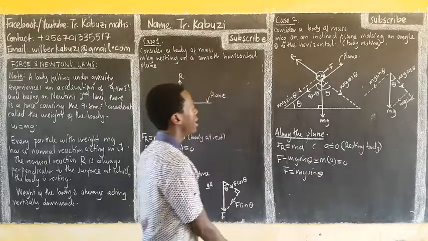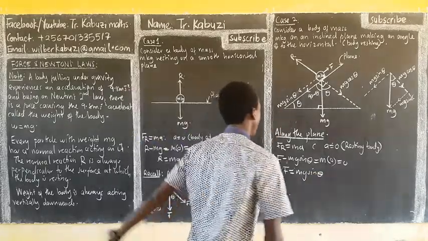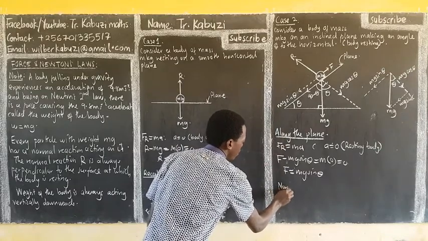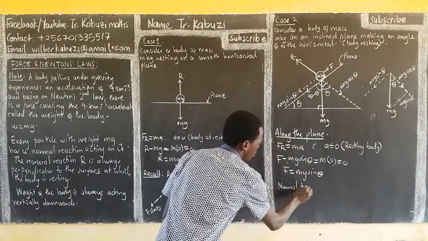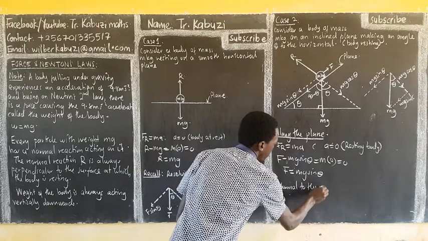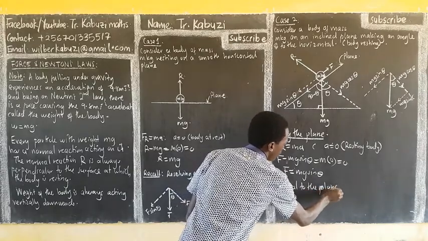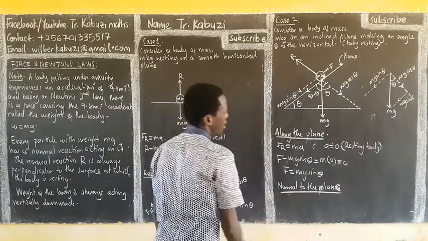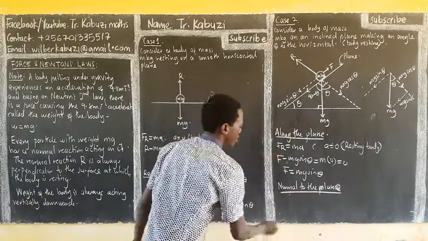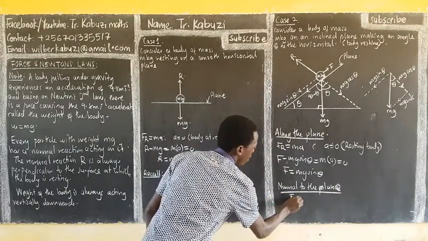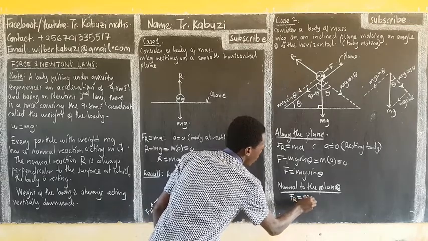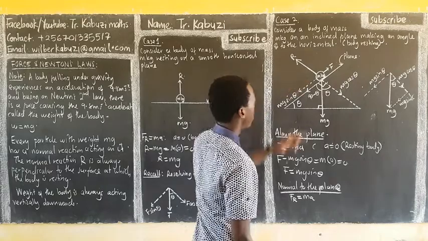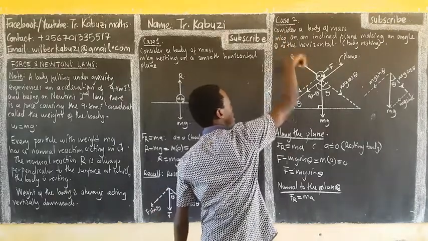As simple as that. Now if you resolve normal to the plane, normal means the force is perpendicular to the plane. The resultant force still will be equal to ma using Newton's second law. So you start normal to the plane, we have this force going inside and then this going inside.